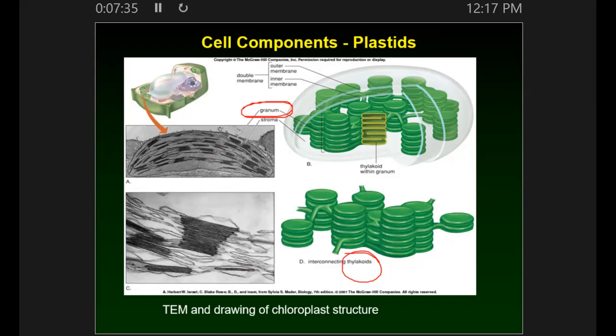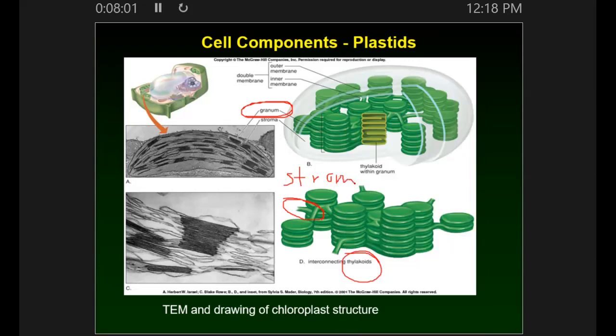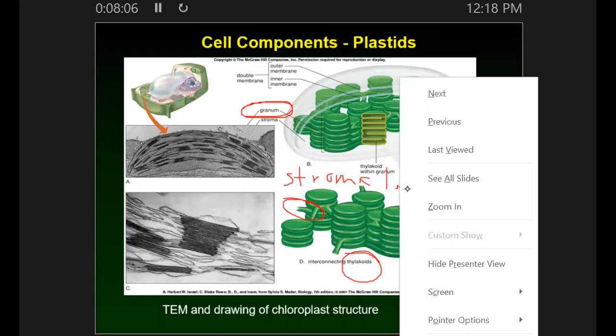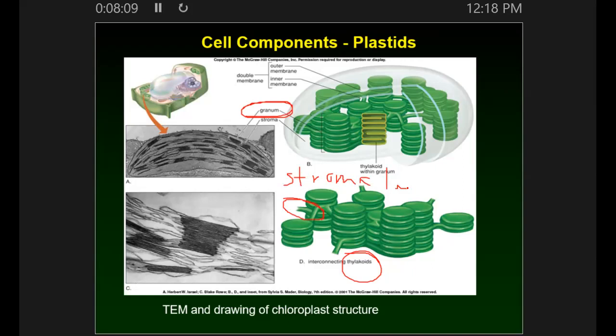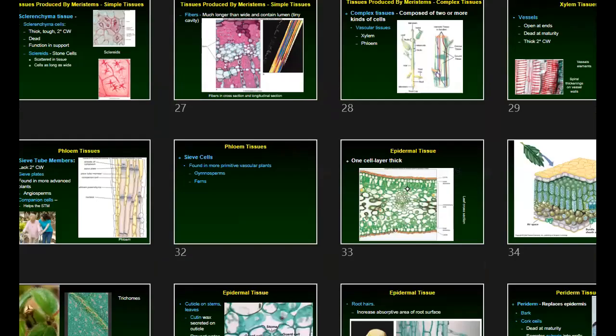So then if you look at the relatively unstacked region, I'm going to circle right there. That relatively unstacked region is kind of like the bridge between hooking together two grana. That you would call the stroma lamellae. I'm going to go to the last slide where I have more space.